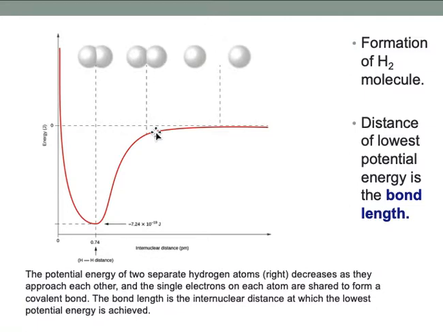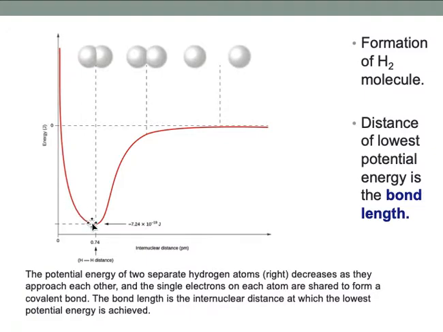They're getting more stable. And they're actually releasing this energy as they form this bond. As we continue to push them closer and closer together, we reach a minimum here in energy. And this minimum point is the distance between these 2 nuclei that is the ideal bond length, or the ideal bond distance. And we use that as the bond length.